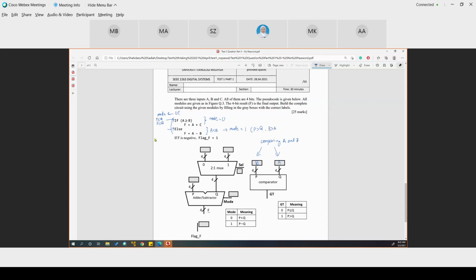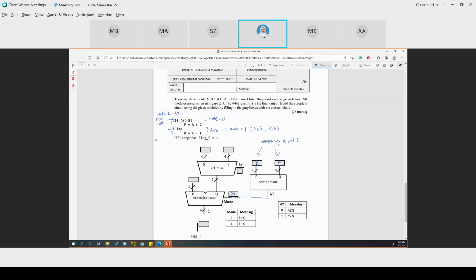Greater than A. So this is B. B is connected to P and A is connected. Okay? And GT is connected to mode. You can connect the wire or just write GT here. It means it's connected, same thing.